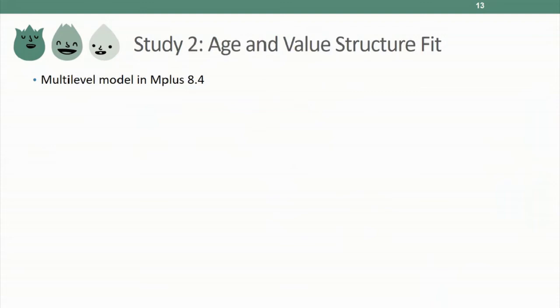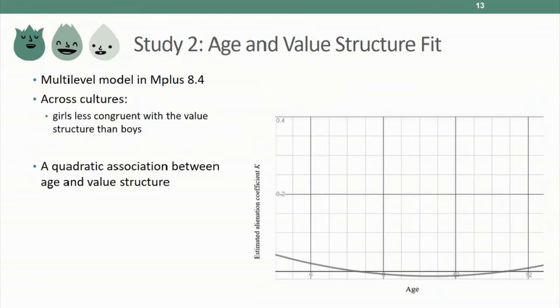So are older children better represented by the value structure? We conducted that for each of our 12 samples specifically, and then we created a multi-level model to see what is the weighted association. So what happens within each one of the samples, what is the overall association?